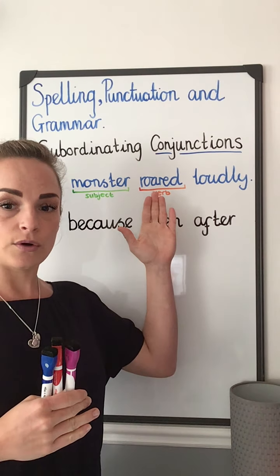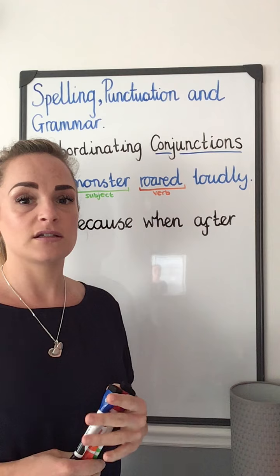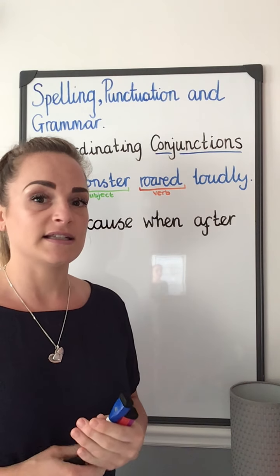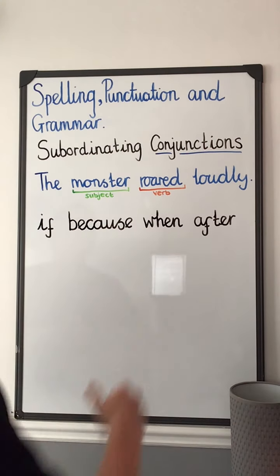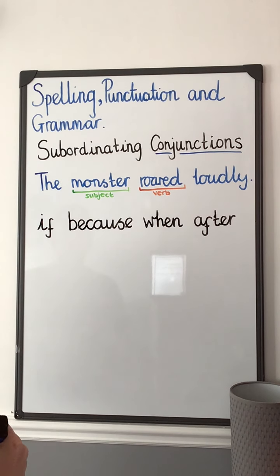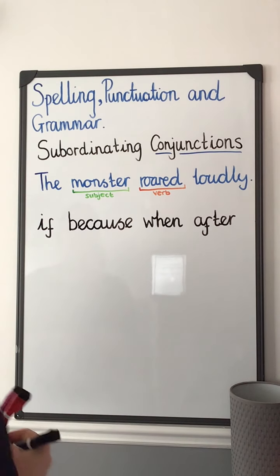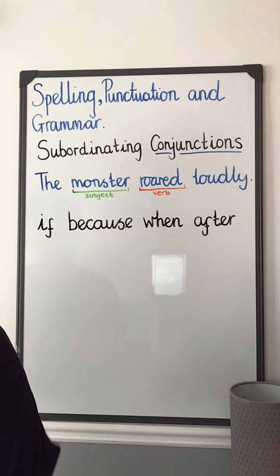The main clause is the most important part because it's about the subject. It's telling you what the subject was doing and how he was doing it in this case. So I'm going to make this sentence longer. I'm going to extend the sentence with more information.